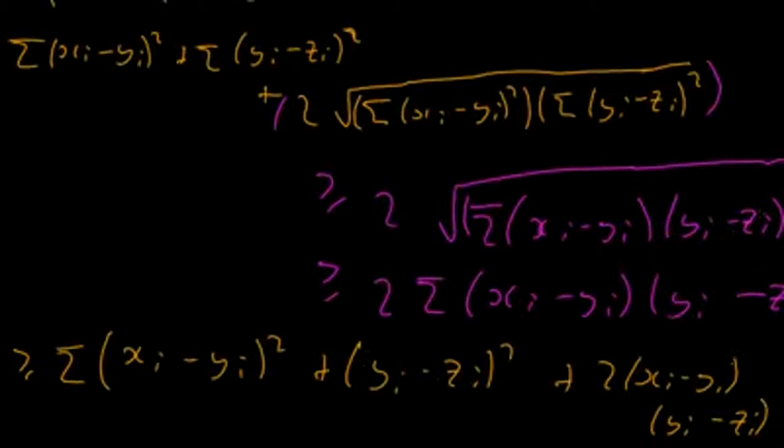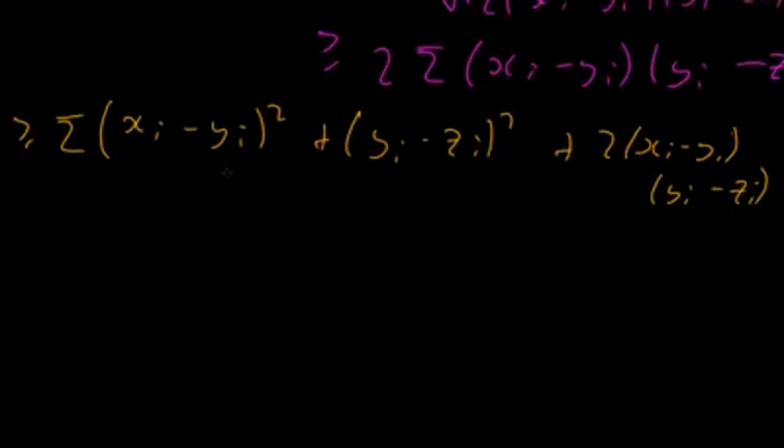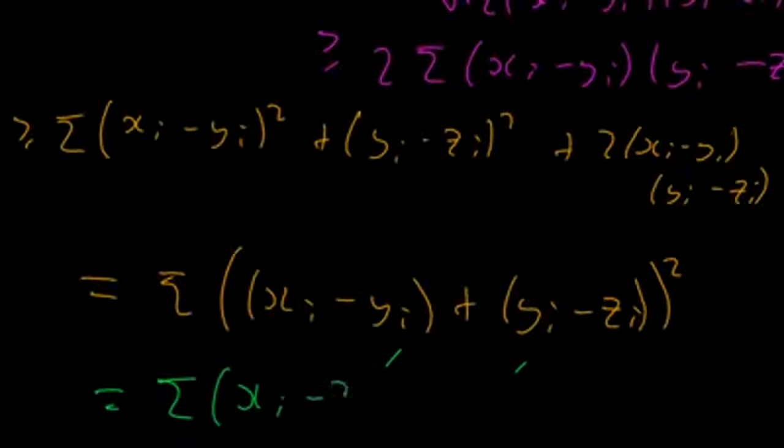And this we can now factorize, and we know how to factorize this. This is just equal to the sum of xi minus yi plus yi minus zi, squared. And so these cancel, and we're just left with the sum of xi minus zi squared, which is equal to d of xz squared.